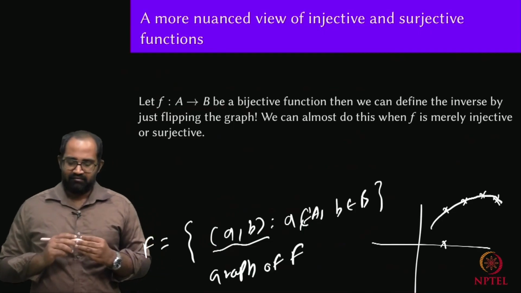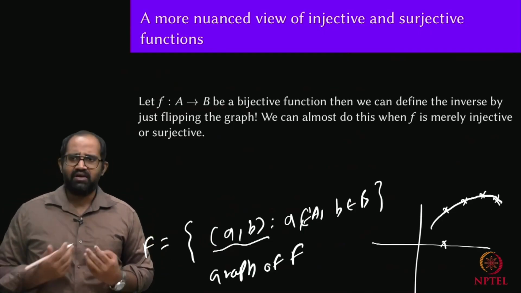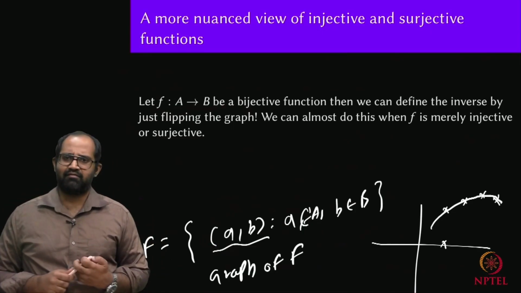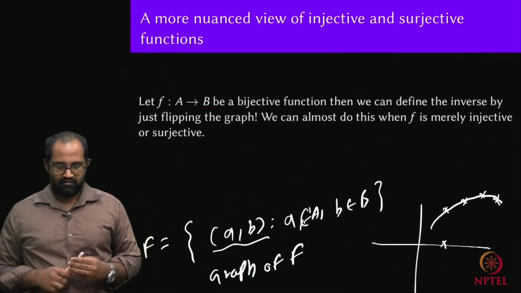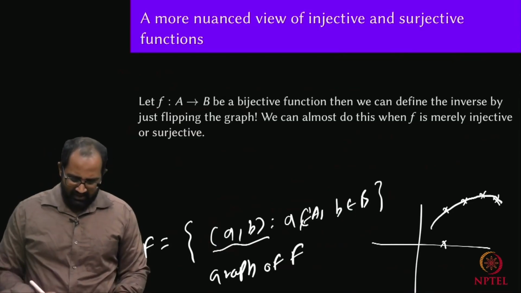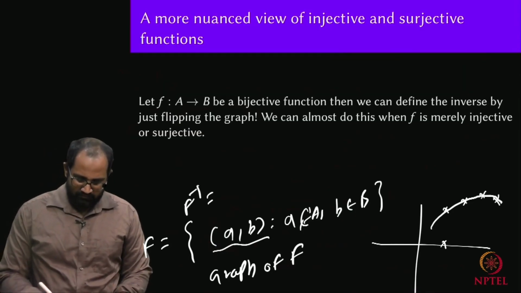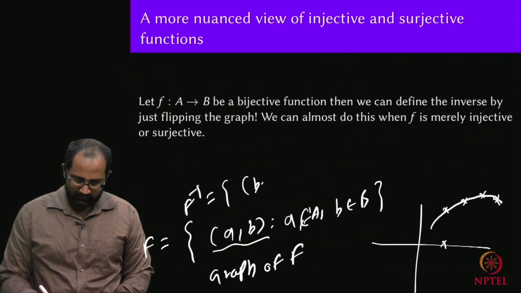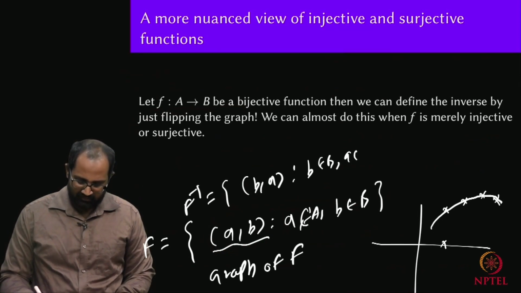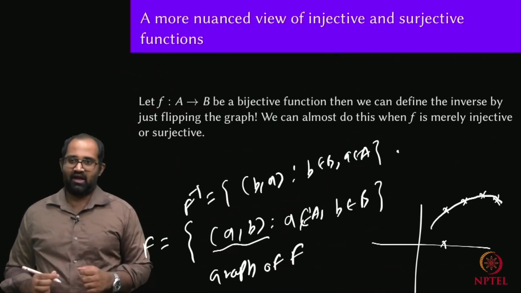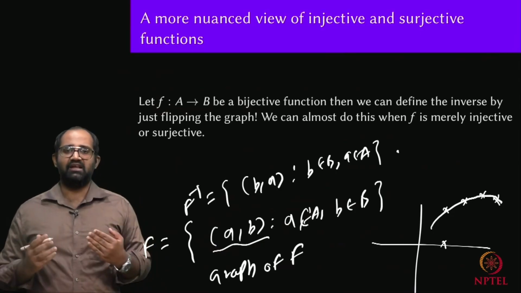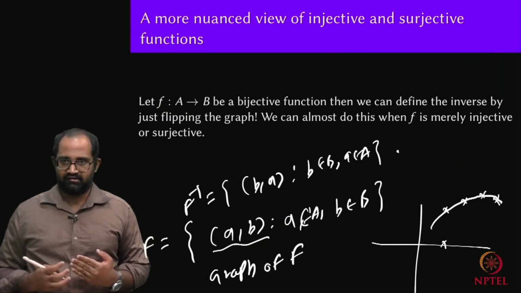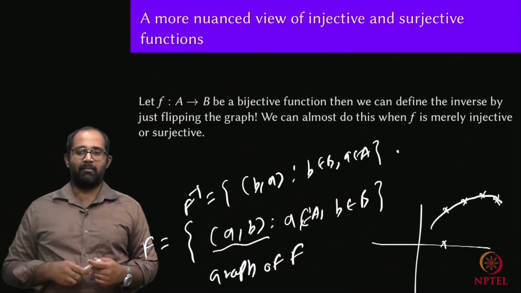Okay. With that preliminary done, what is the inverse of a bijective function? Well, if you think about it, you just flip the graph. What do I mean by that? Well, f inverse is nothing but (b, a) such that b comes from B, a comes from A. Again, I emphasize I am not trying to define the Cartesian product B cross A. I am just saying it is going to be a collection of some ordered pairs reversed (b, a).